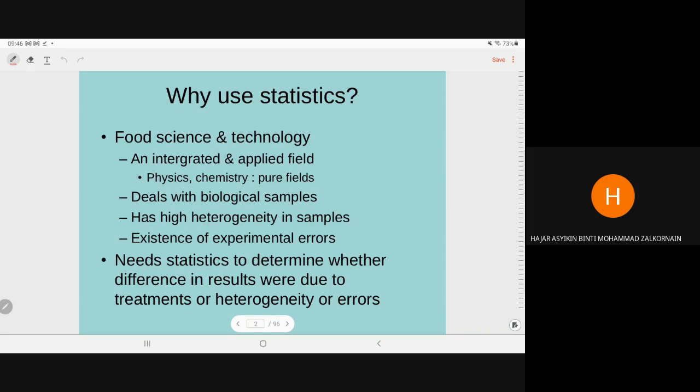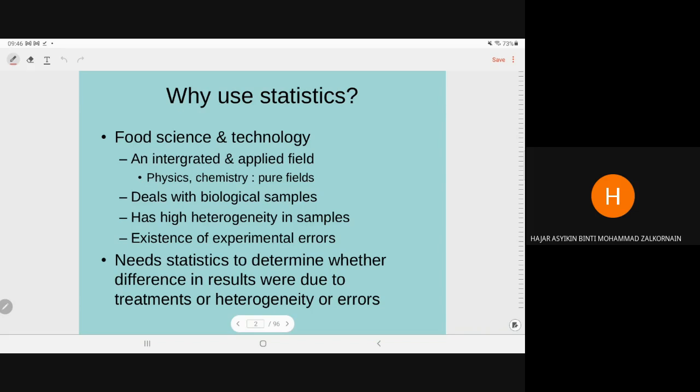Take for example, if we were to go to a primary school, year one students, all of them are the same age, approximately born within the same year, and even if we took the same gender, male or female, even though they are all the same, if we were to look at their weight, for example, it will be different.